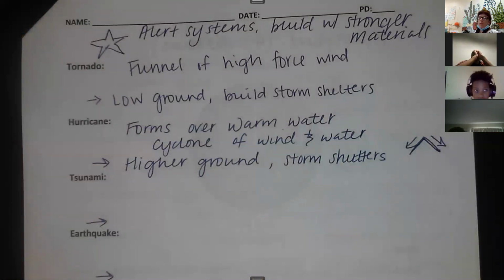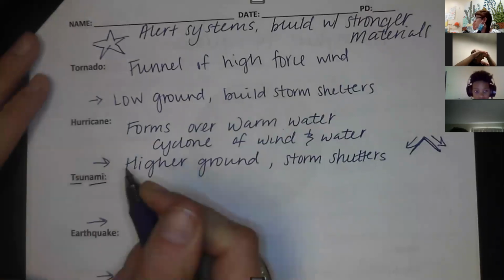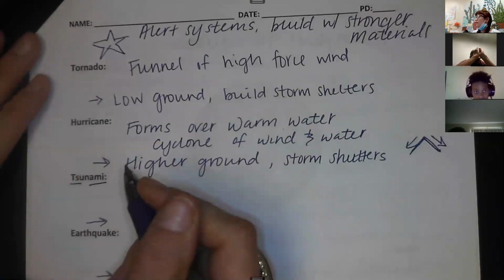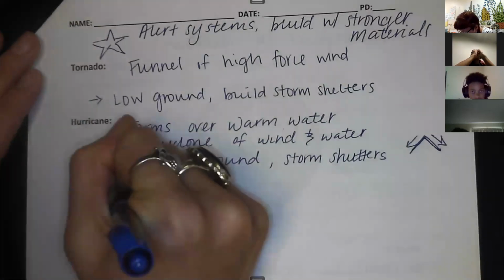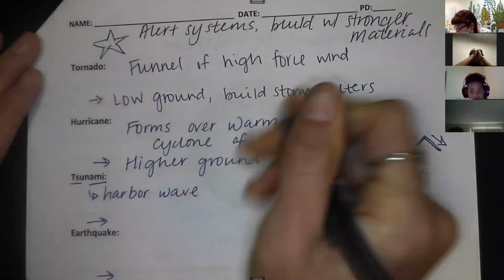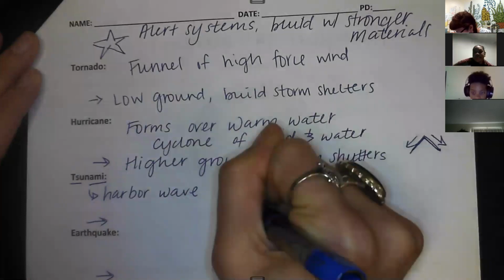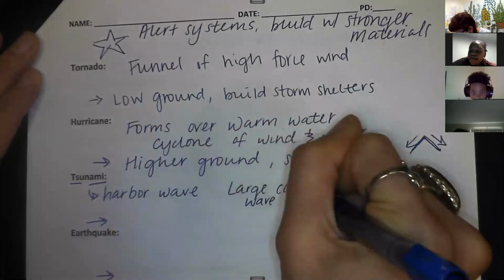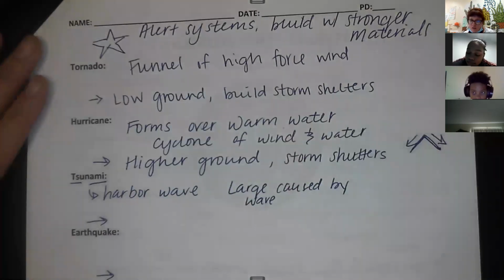What's a tsunami? Does anybody remember what tsu and nami mean in Japanese? What is it, Emerson? It means harbor wave. This is a large wave caused by an underwater earthquake or volcano.